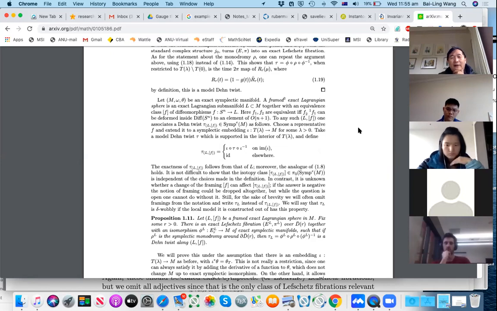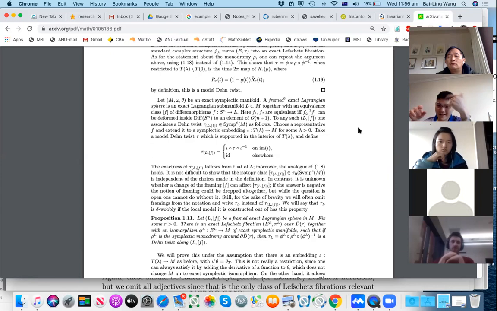You have a vanishing cycle in a local model. Actually, I found a paper drawing the small example, but I don't see why they can draw it like that.